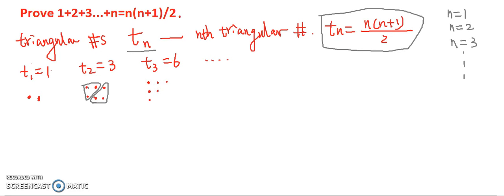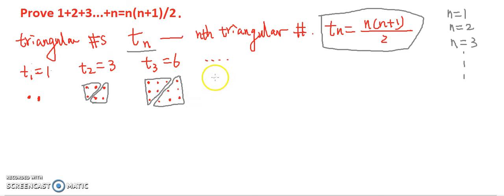So that's the third triangular number. Now I'm going to put another one underneath it, and I'll put 1 dot in the first row, 2 dots in the second row, 3 dots in the third row. And if you join these dots, you can see that's exactly the third triangular number.